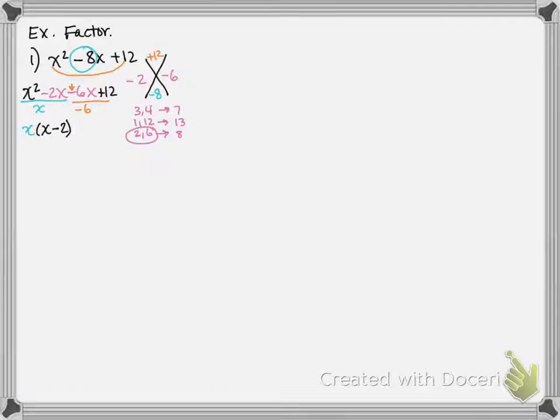And then I have to pull out the negative 6. Negative 6x divided by negative 6 is x. 12 divided by negative 6 is negative 2. And there we get what we want. So we get x minus 2 times the quantity x minus 6.